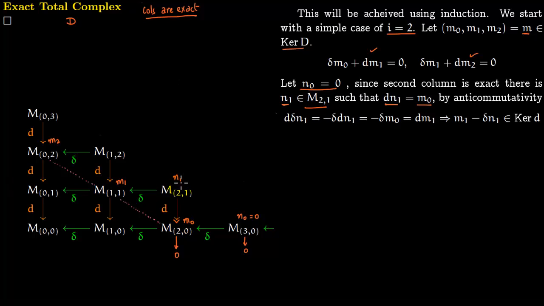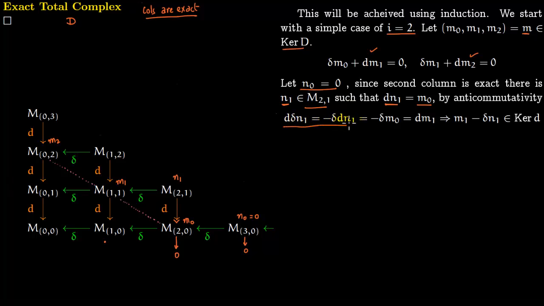Now you see anti-commutativity. So to n1 you first apply delta and then d, you land here. And if you go the other way, you first apply d and then delta, and you put a negative sign. So this comes from anti-commutativity.